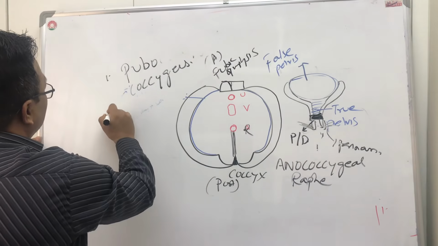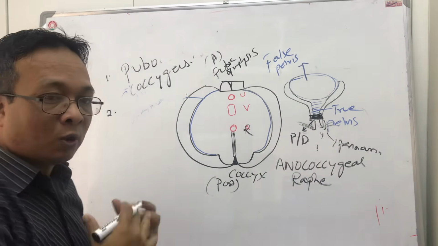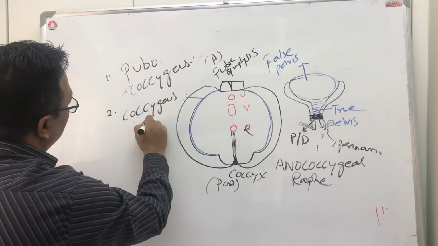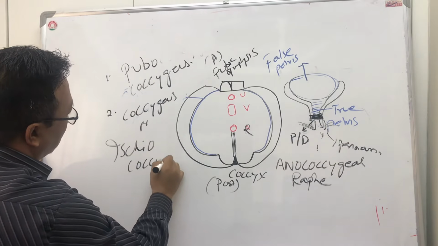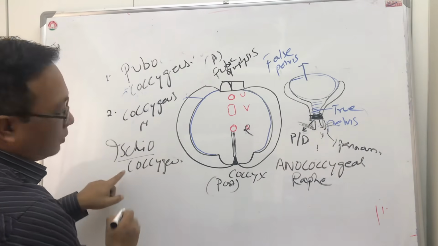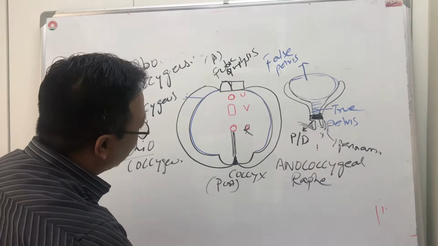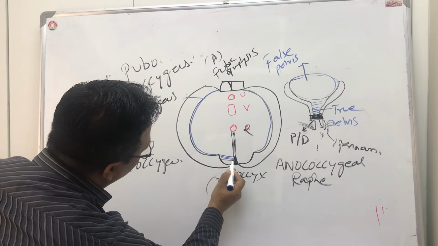There is one muscle here, and there is another muscle, ischiococcygeus, or you can also call it coccygeus. As the name suggests, ischio, so this is the ischial spine.